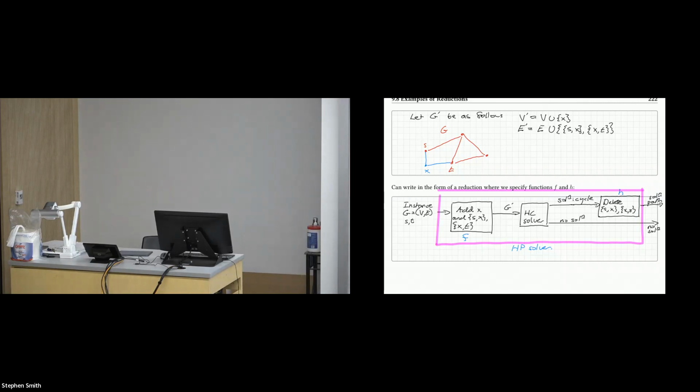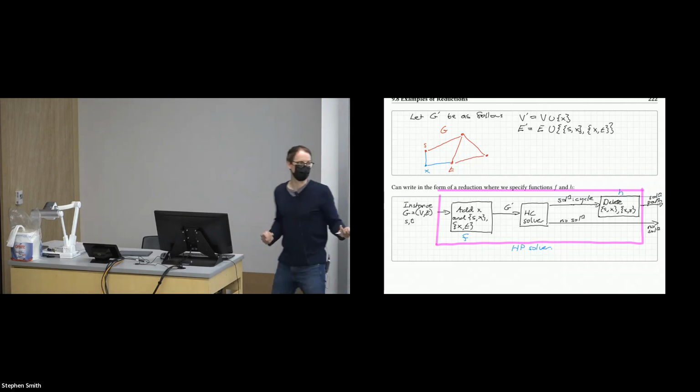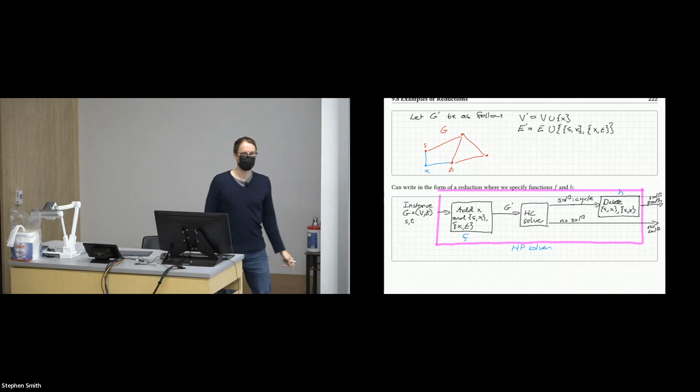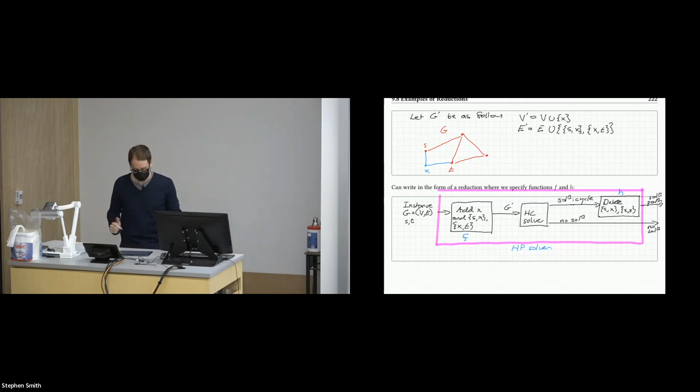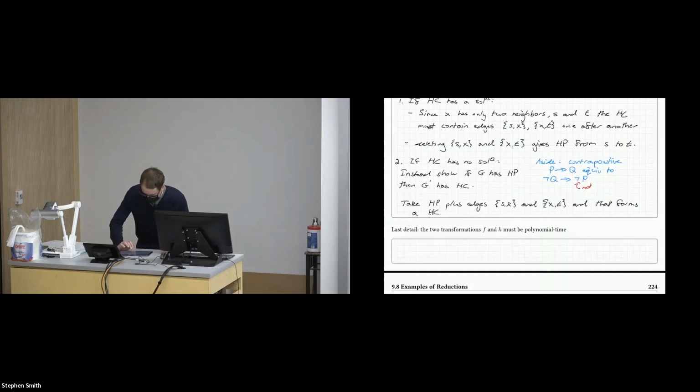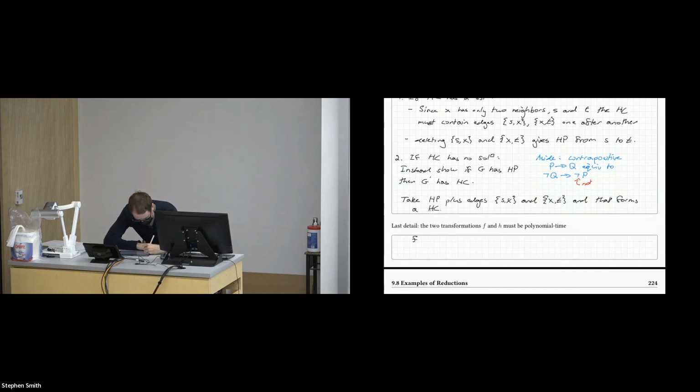And then the h function, all I do is delete two edges from my solution. So again, I can do that in polynomial time, just loop through the list of edges in the solution and delete two of them. So in this case, it holds very straightforwardly. F maps me from G to G prime.